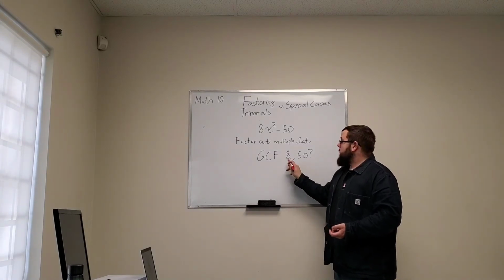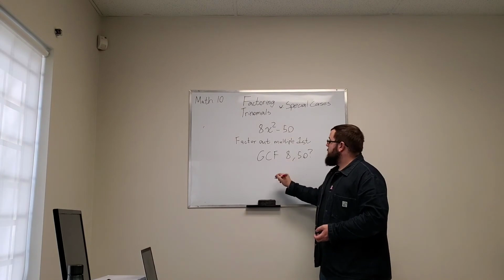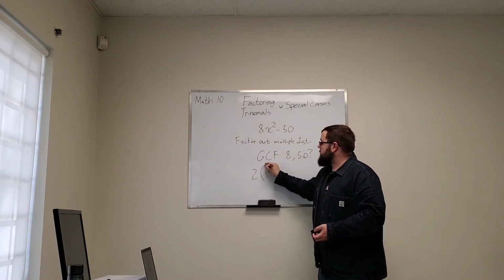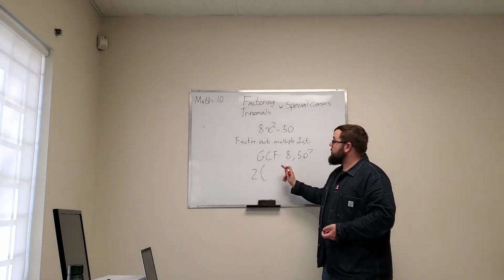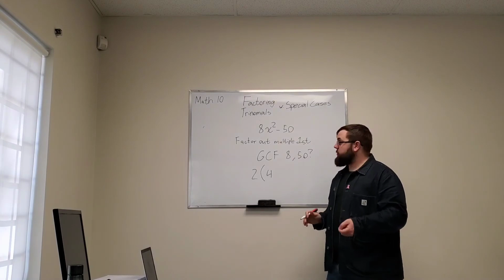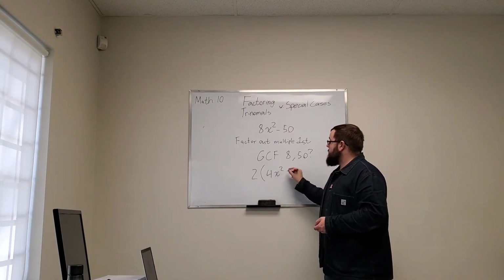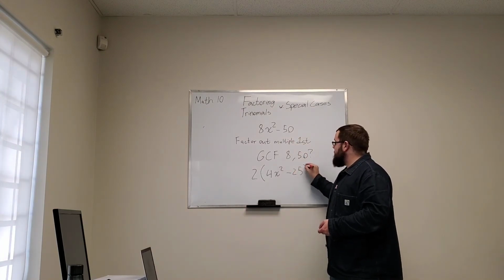It's 2, right? You can take a 2 out of here, you can take a 2 out of here. What happens when you do that? Well, you put the 2 on the outside, brackets, and the remaining coefficient if you take 2 out of the 8 is 4, right? 8 divided by 2 is 4, x squared. 50 divided by 2 is 25.